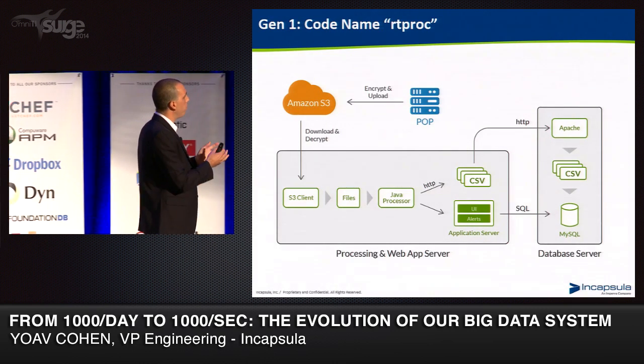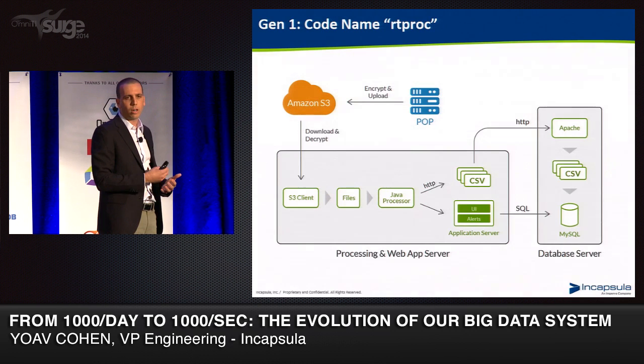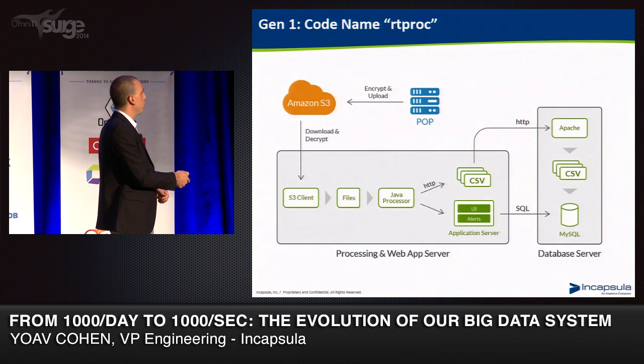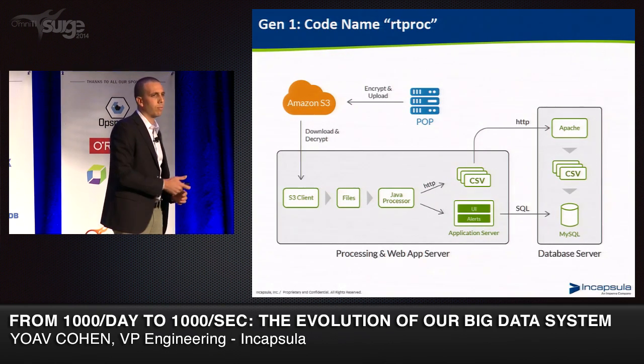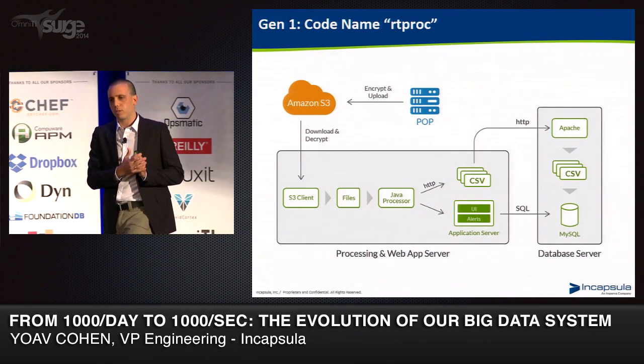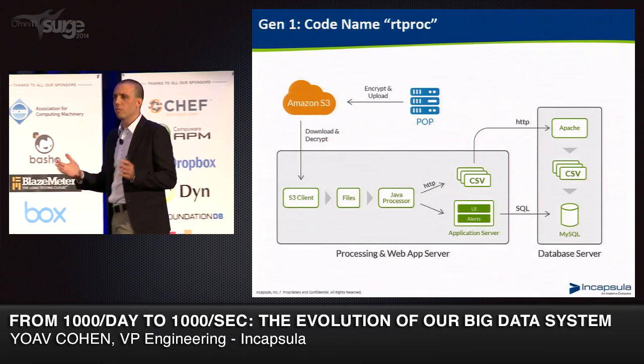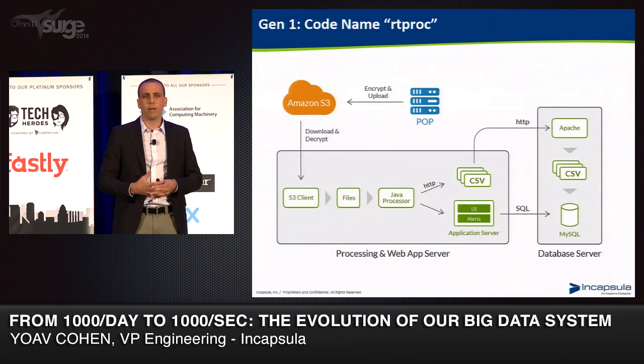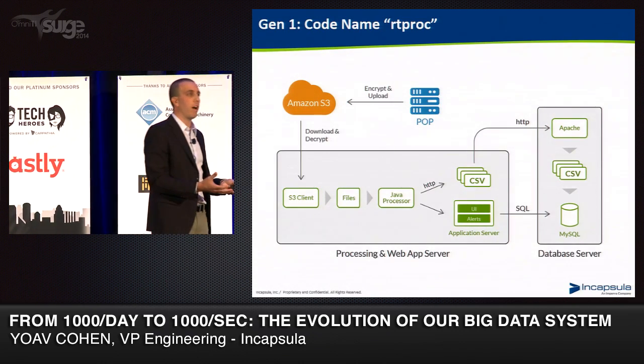And after we have the files decrypted and downloaded on our processing server, we run them through a Java processor, and that Java processor takes those hundreds of thousands of messages, high throughput streams of messages, and processes them into CSV files.